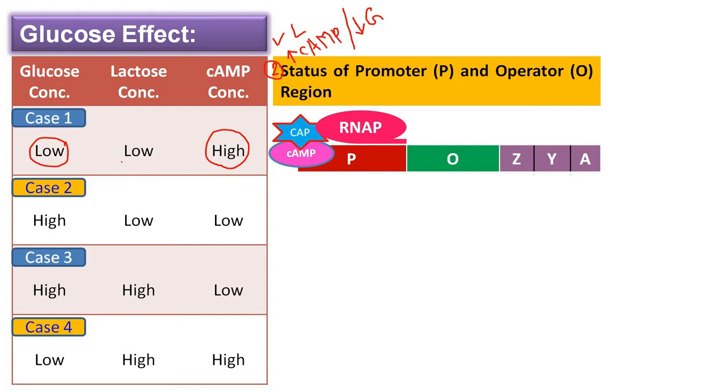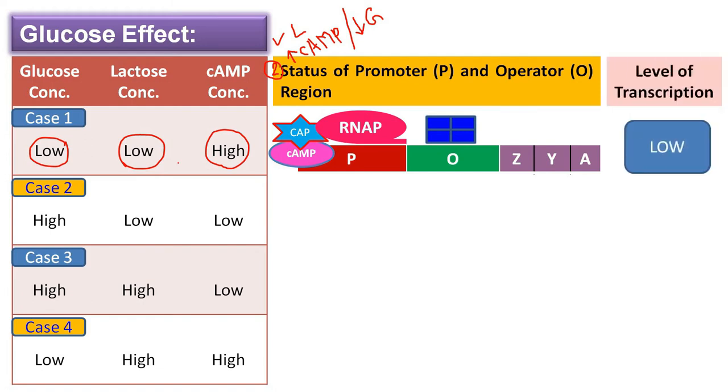But you can see the level of lactose is low here, and because of the low level of lactose, the Lac repressor cannot be blocked, and the operator site will be blocked by the Lac repressor, and hence there will be low level of transcription because the operator site is blocked by the Lac repressor due to absence of the inducer lactose.